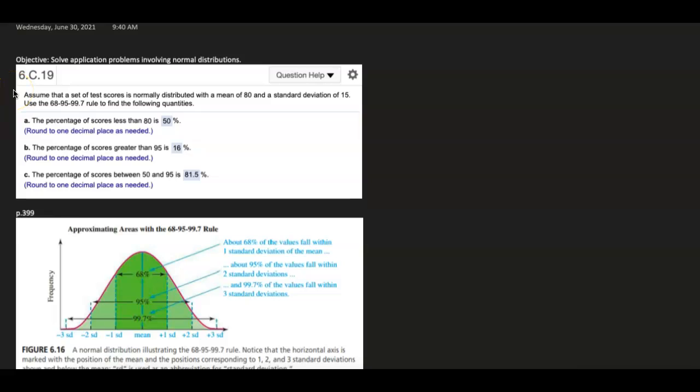So I'd want to start by first drawing a normal curve with the given mean and standard deviation. Now to do that, I just draw a horizontal line and a bell curve shape. And I know already that the normal curve, where its peak lies, is the mean. So I'm going to label this value here as 80.